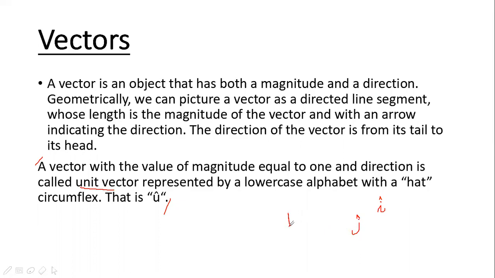If you write K, and you put a cap over it, it's a unit vector. So any symbol written with a hat or a cap is called a unit vector. A unit vector has magnitude equal to 1.